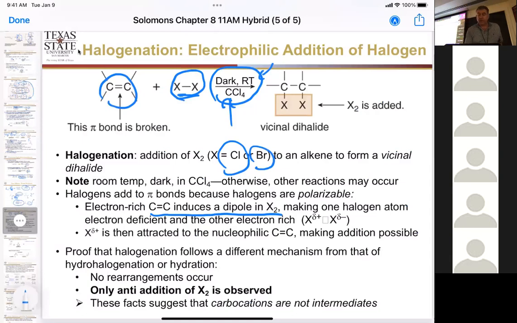And when we do that, then you react. Okay. But the cool thing is that because this mechanism is a little bit different, you do not rearrange. And you only get anti-addition. Okay, so what anti-addition means is one on one side and one on the other. Okay, so let's talk about that.